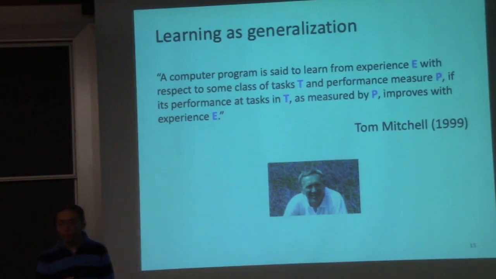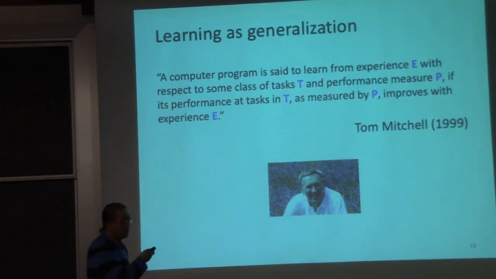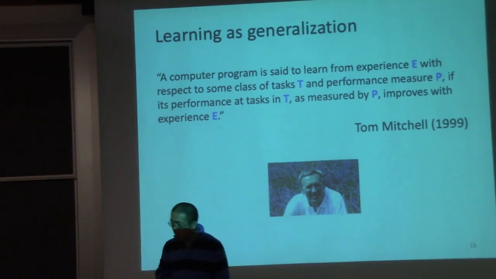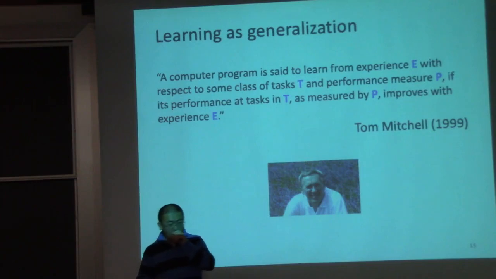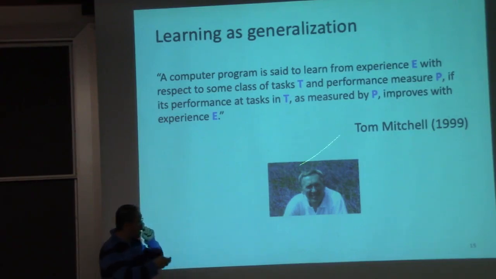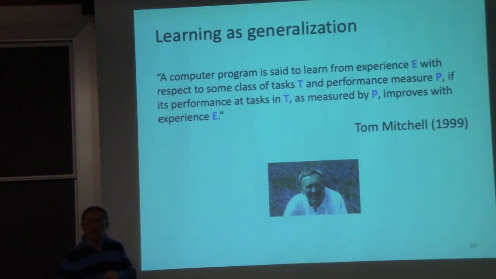This definition gets rid of the concept of not being explicitly programmed. His definition tries to avoid that. Although the 1959 definition expresses machine learning from another perspective, why do we emphasize the definition from this perspective?